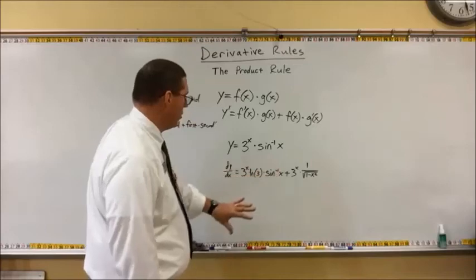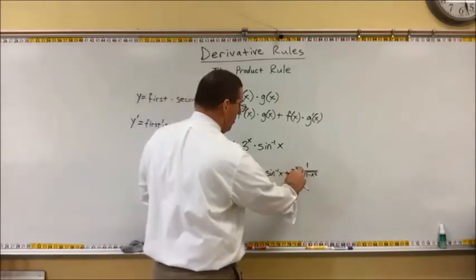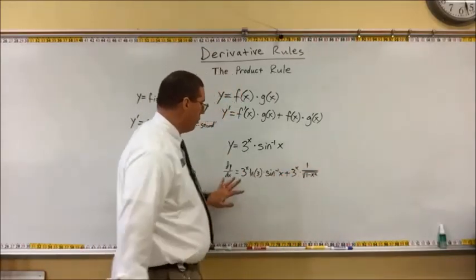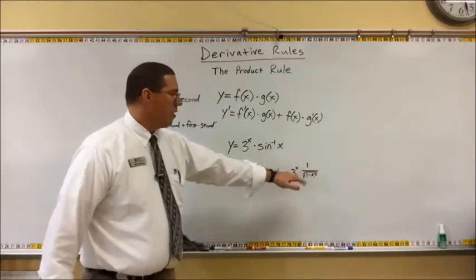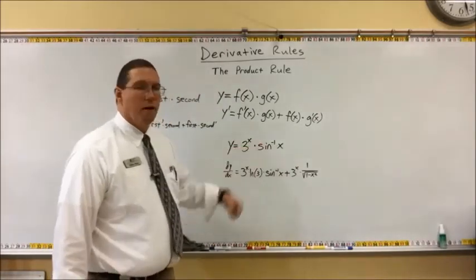And so this crazy looking thing, and you could move this up into the numerator if you wanted to, or you can just leave it like that. This is the derivative of this.